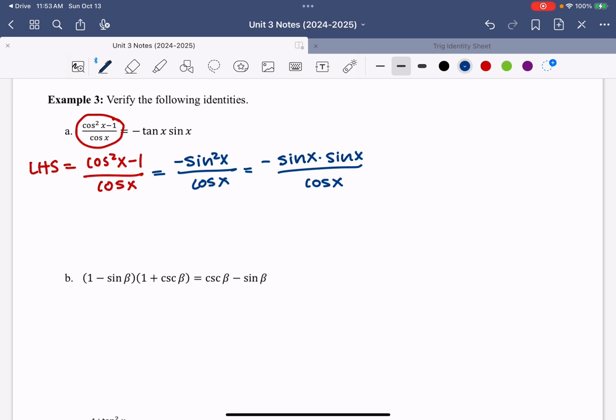Since I have one term in the denominator, but my two terms in the numerator are being multiplied, I can split them up. I can group my cosine of x with one of those sine of x's. If I did that, I would be left with a negative. What I circled in green is going to be a tangent x. And then what I'm left over with is just a sine x. There's only one cosine in the denominator, so I can only group it with one of those terms. So I have a sine x left over, and hey, that's equal to our right-hand side, which is exactly what we wanted.